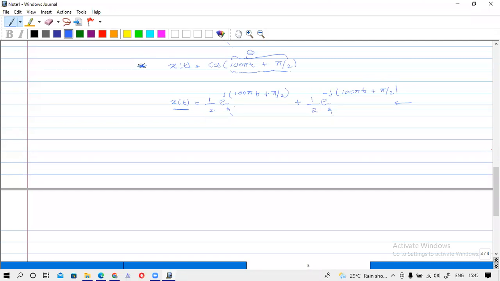You can write this as a product: half e to the power j5 by 2 times e to the power j105t. Because if we have a to the power x plus y, then we can write this as a to the x multiplied by a to the y.